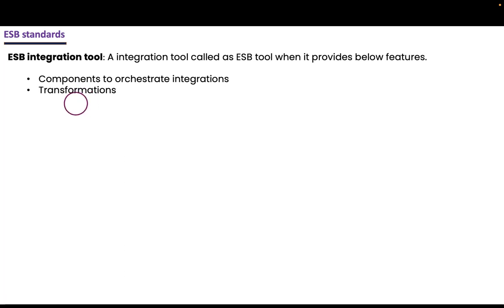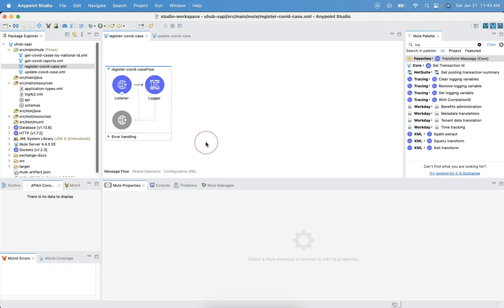These transformations we can do at component level, and also we can make use of the transform message connector to do the transformations from one type to another type.